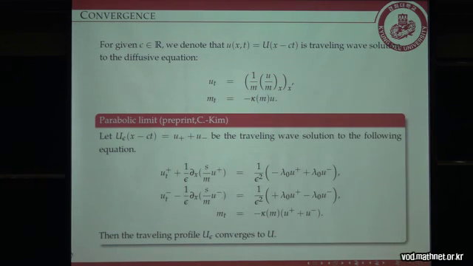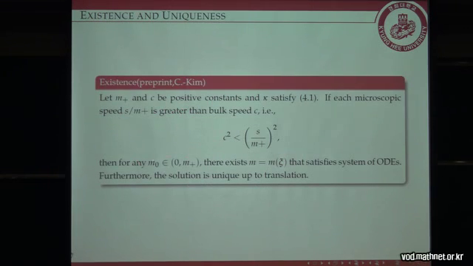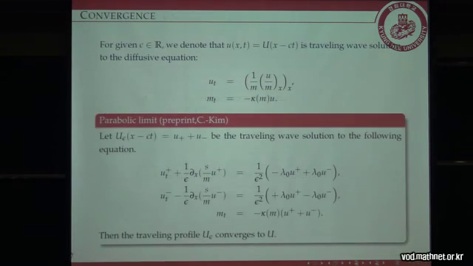Finally, assume this one is the traveling wave profile of this diffusive equation, and U epsilon is our traveling wave profile with this epsilon, coefficients 1 over epsilon and 1 over epsilon square. This is the parabolic limit, right?